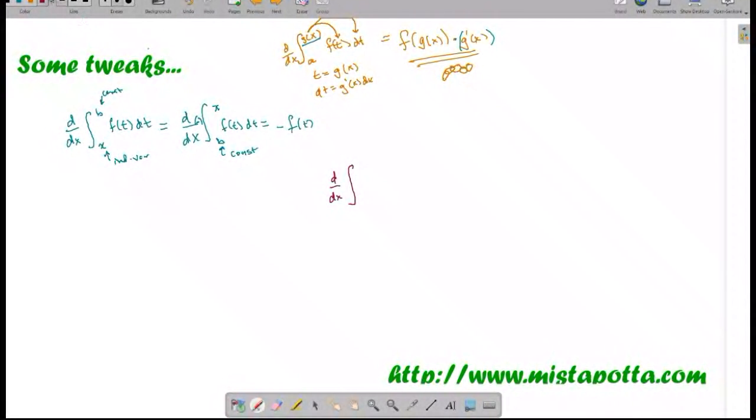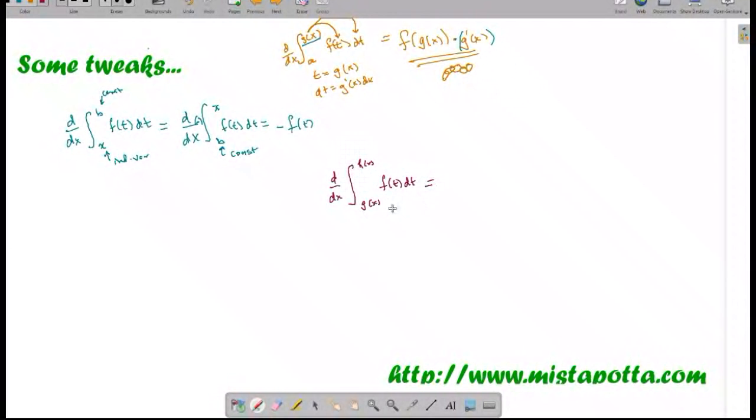Let's call this the integral from g of x to h of x of my function f of t dt. And so there's two ways that I can think about this.